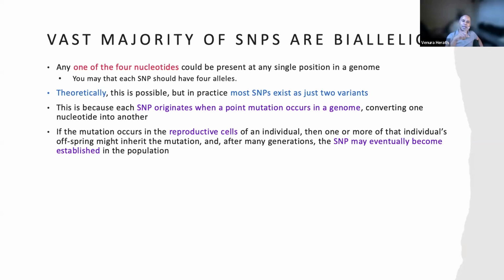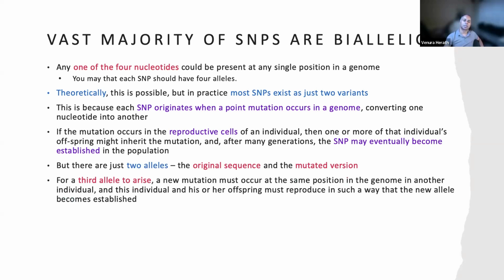Okay, so now you have the original sequence plus the new sequence, just one. The parental allele and the allele found in progeny, so there are only two alleles. In simple terms, it's the original sequence and the mutated version. If you want a third allele to occur, another mutation should happen in that exact same location and replace one of the nucleotides it had earlier.